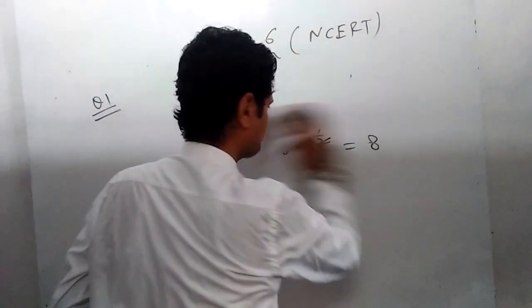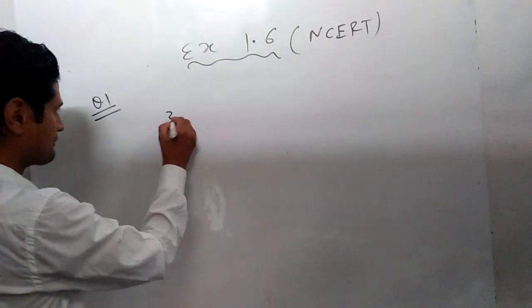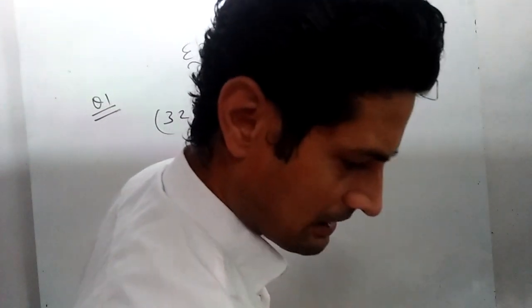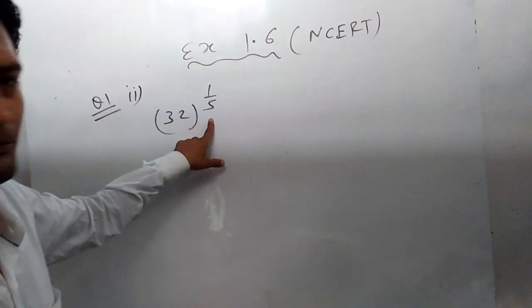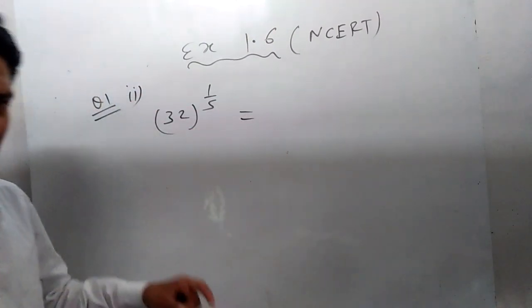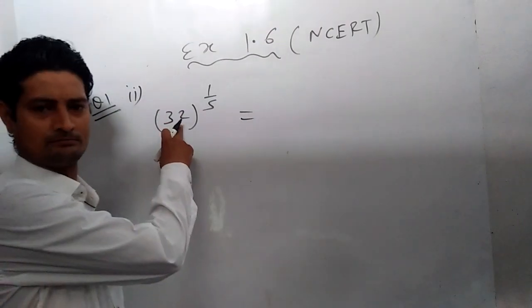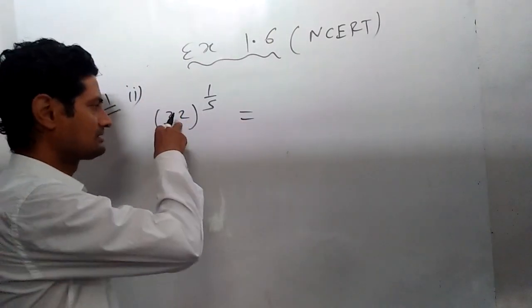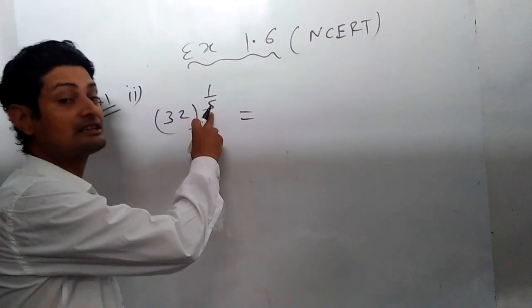Another question, like 32 to the power 1 by 5. This is question number 1, second part. Now, think of such a number whose power 5 is equal to 32, because here the denominator is 5.